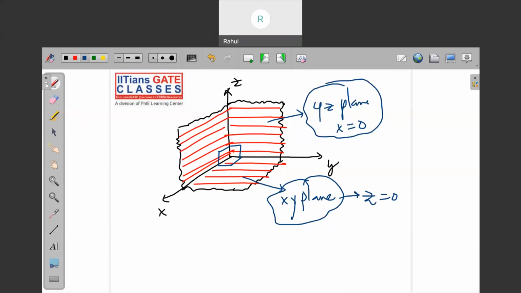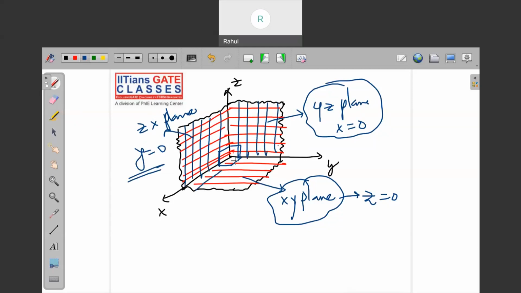In the zx plane, or the xz plane, y is equal to 0. So remember that. This is how we talk about the planes in 3 dimensions. Now it looks like a plane, right?